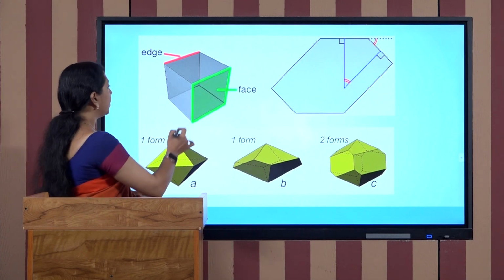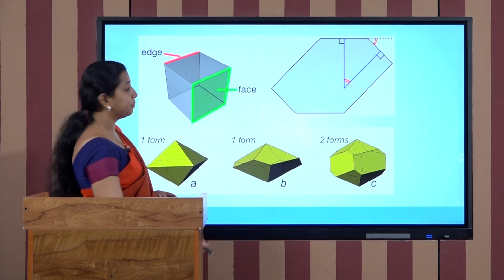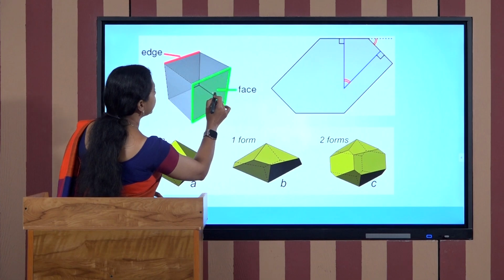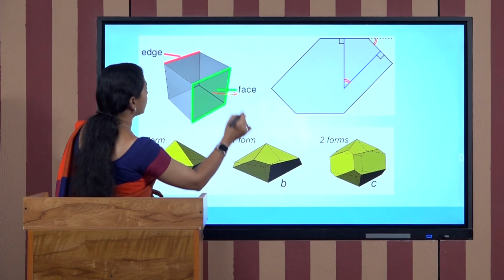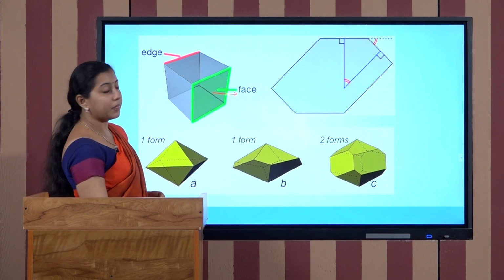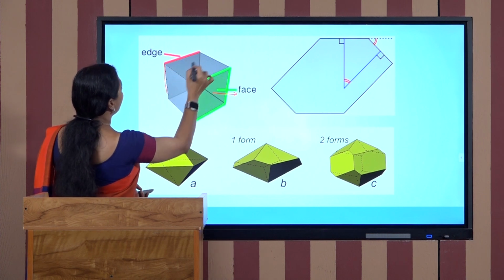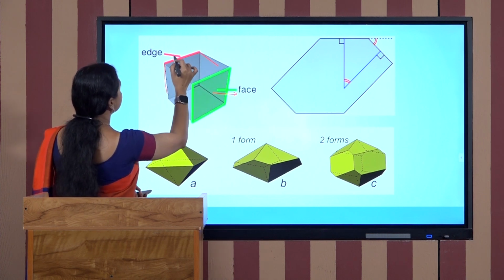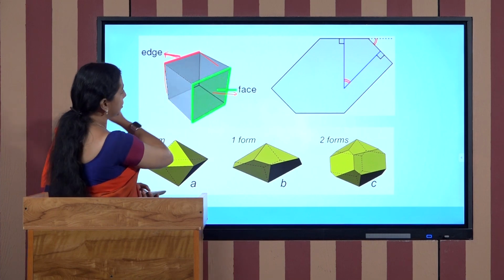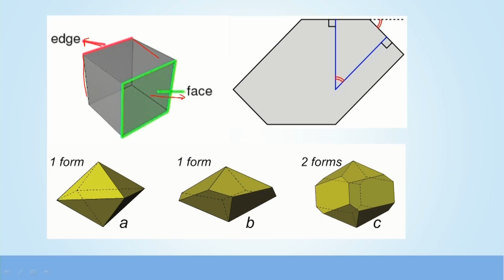So, here you can see a cubic crystal. This flat surface of the crystal is called the face, and the line along the intersection of the two faces is called the edge, and the angle between the two adjacent faces is called the interfacial angle.